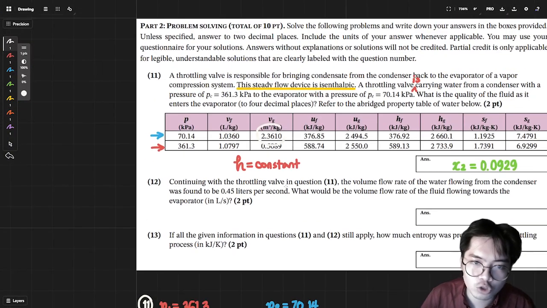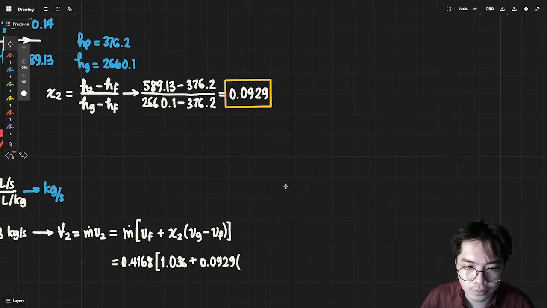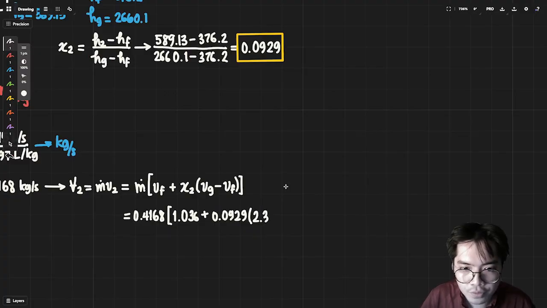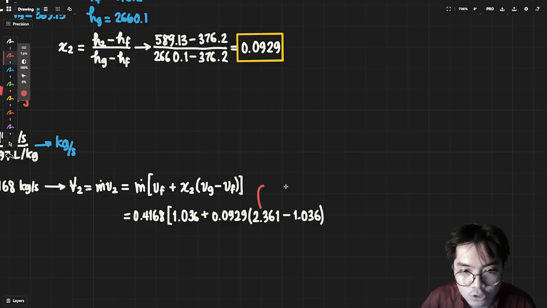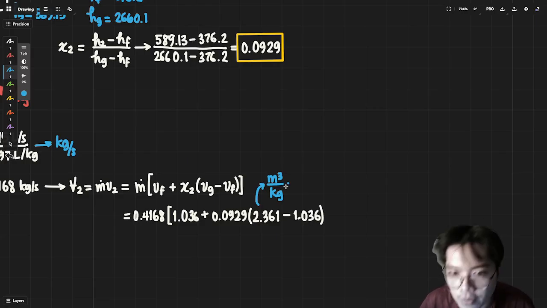Your VG is 2.361 times 10 minus 1.036. If you do this, you'll be wrong. Because again, this thing is supposed to be in meter cubed per kilogram. We need to turn it into liter per kilogram.